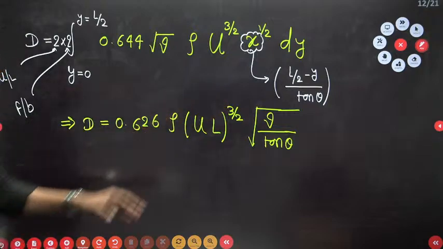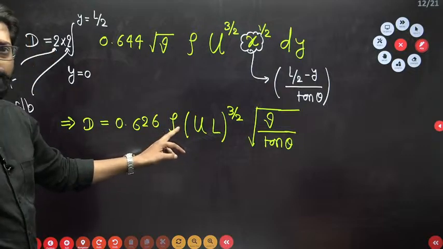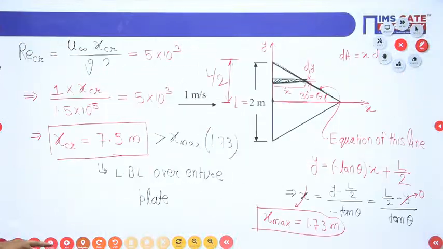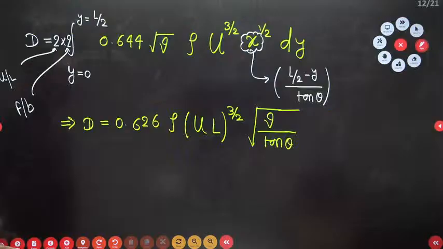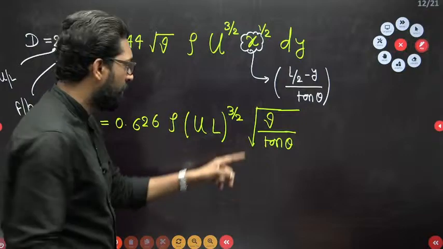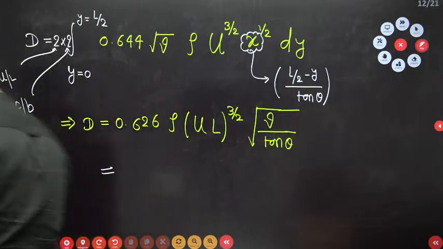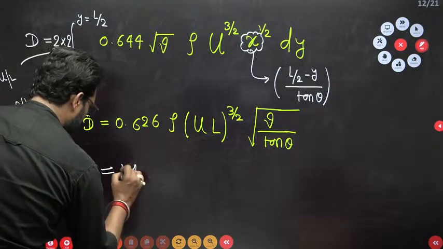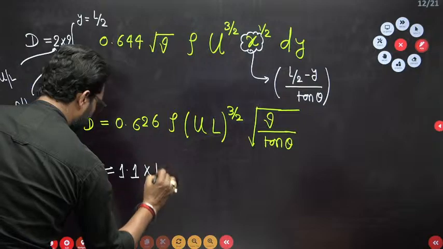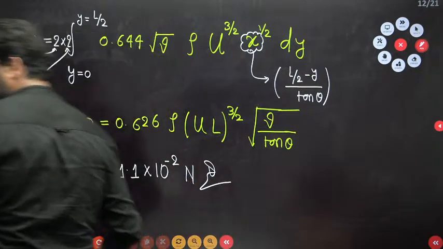Now theta is constant. Density you have, U you have, L you have. Put all these values. Kinematic viscosity you have, theta you have. Put all these values. The total drag is 1.1 times 10 to the power minus 2. That's it. Clear?